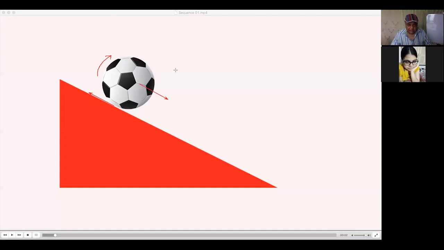So if we examine this point here, what is happening? Whatever this velocity is, at a certain instant, it is going to act here also, at all points of the ball.